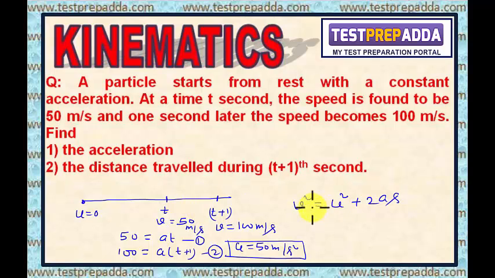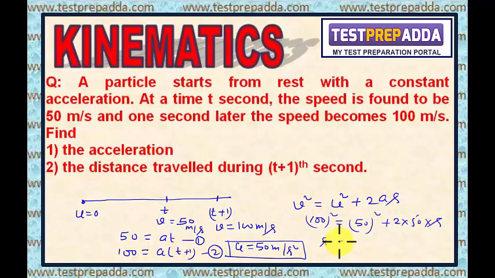Got it? Now here, this V will be taken as 100 meter per second and this U will be taken here as 50 meter per second. And A already is known, 50 meter per second square, and this S will be the distance traveled here. So, I'll substitute 100 square is equal to 50 square plus 2 into 50 into S.